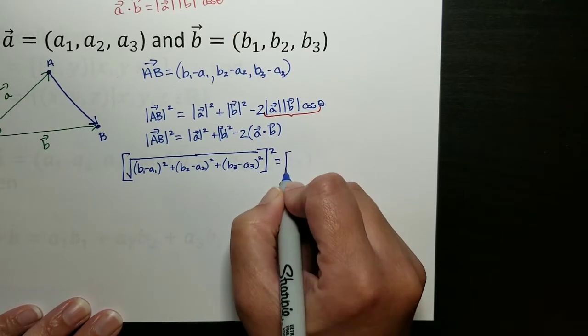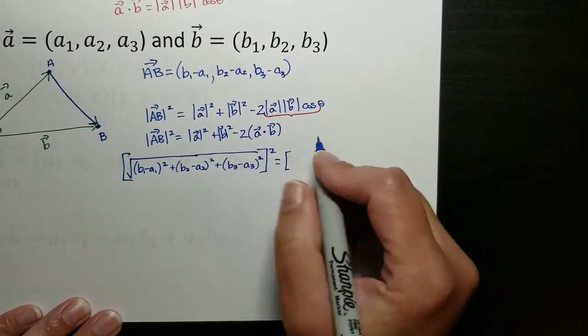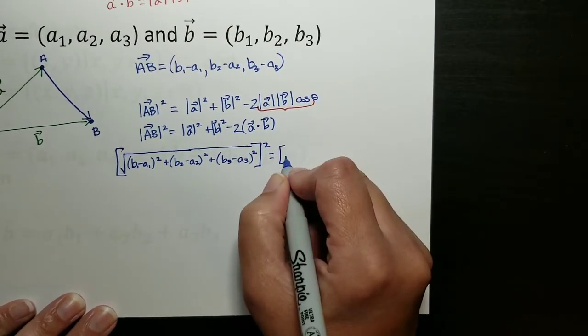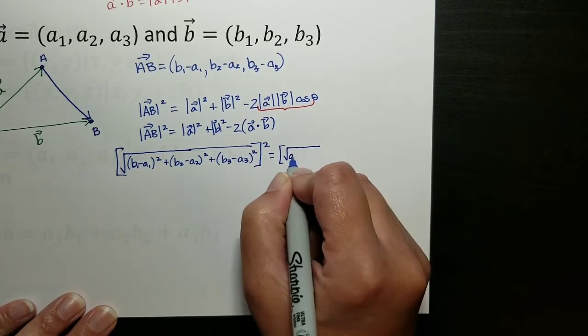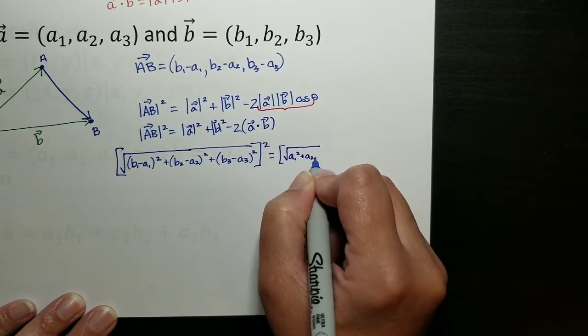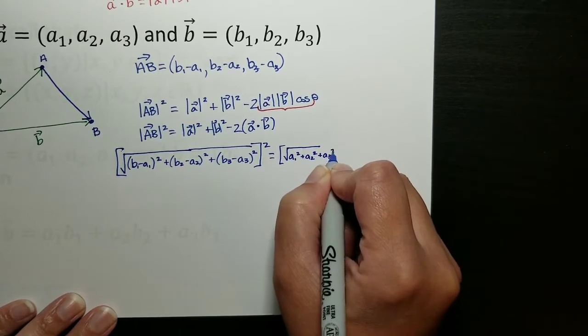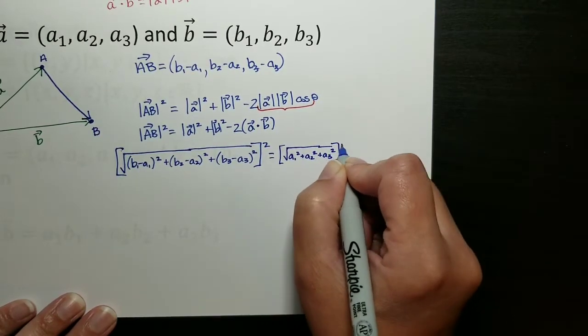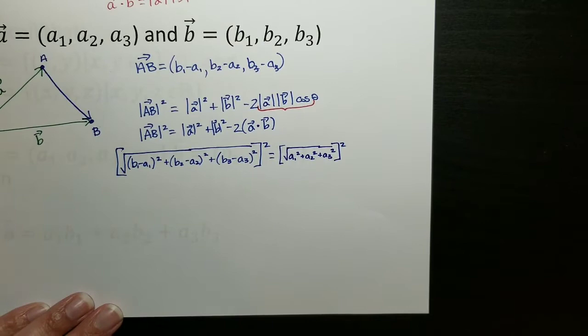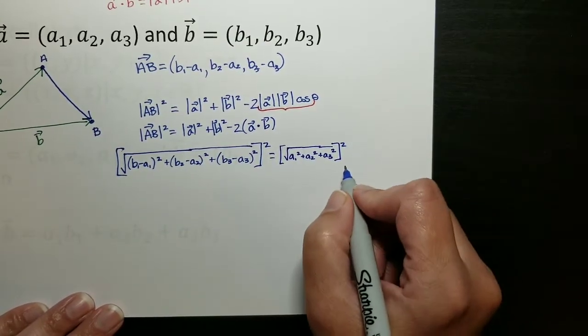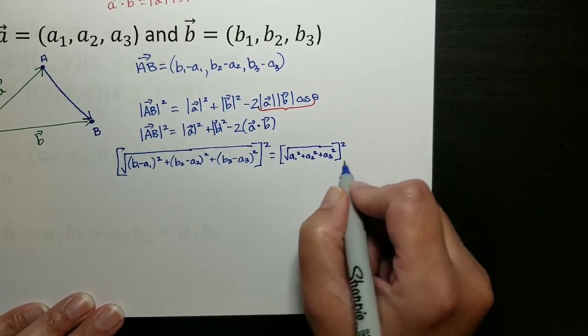So I will have the magnitude of A squared. This is going to be the square root of A1 squared plus A2 squared plus A3 squared, and that whole square root is squared, which will cancel each other out. I'm just going to squish in a little bit here.